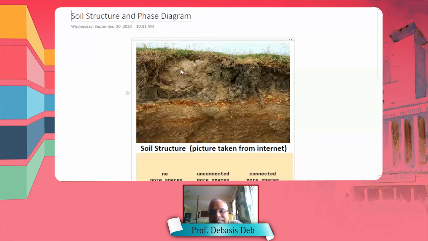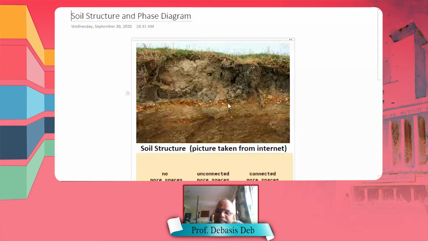Look at its texture, its grains, its porosity, because those are very important aspects of the properties of material. Soil definitely, and there are many rocks which are like that also.